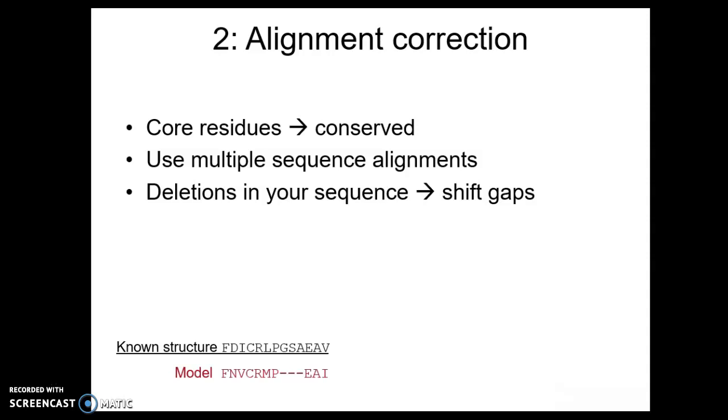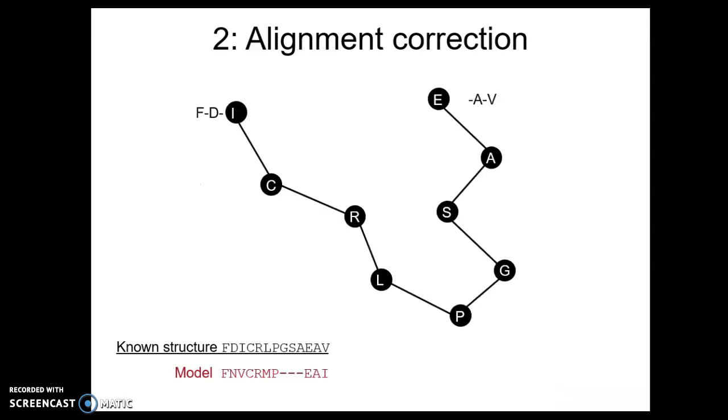Now, which are the core residues become the conserved ones, and as shown to you in the previous slide, the multiple sequence alignment has been used and the known structure has been matched. So when this has been done, we get a backbone of this sort. The backbone of a small segment is shown in the given example, and this is the actual alignment.